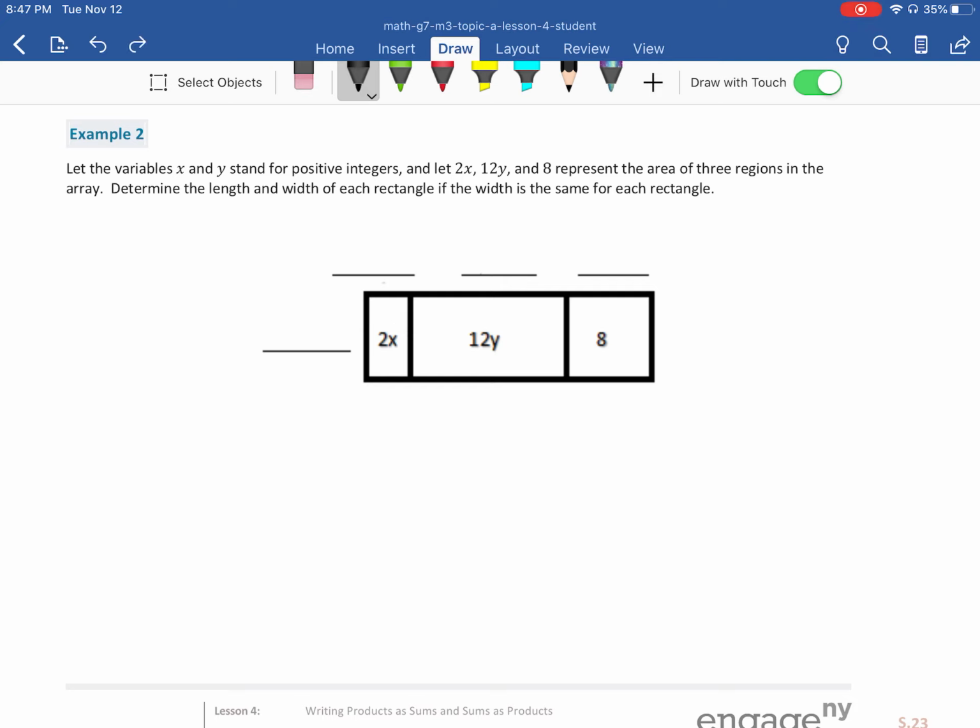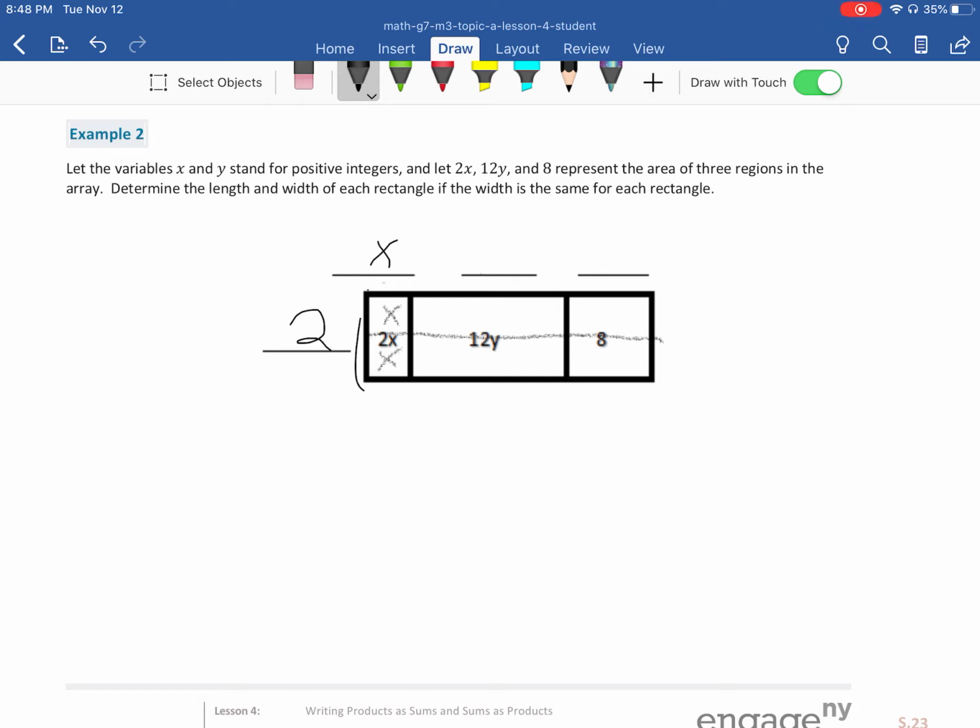So to find this number here, we need to find the greatest common number of 2, 12, and 8. That would be a 2. So if I know that this is 2 units high, I know that this unit would be x, which would fill up my area, which is not 2x, sorry, just x. I am x wide and 2 high.